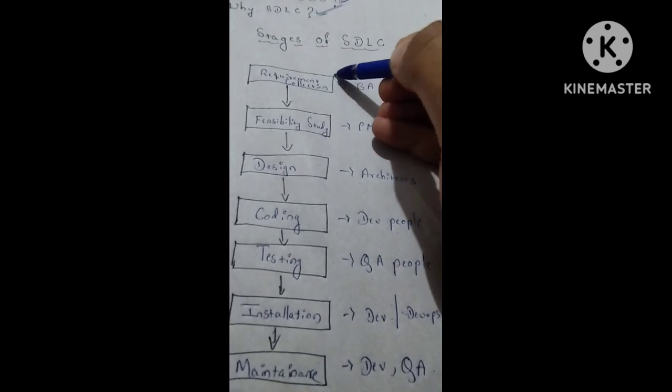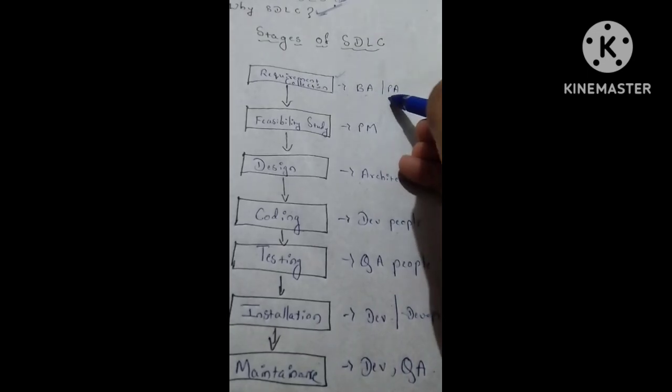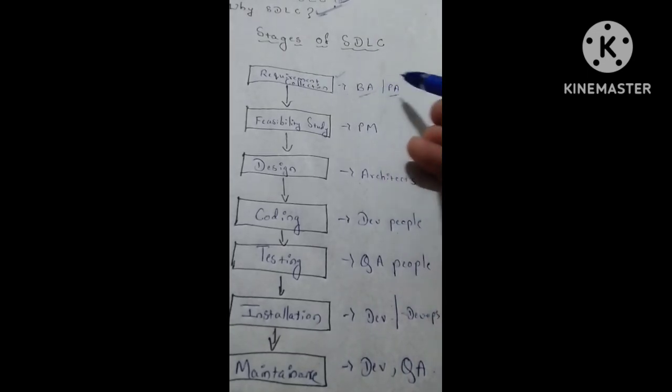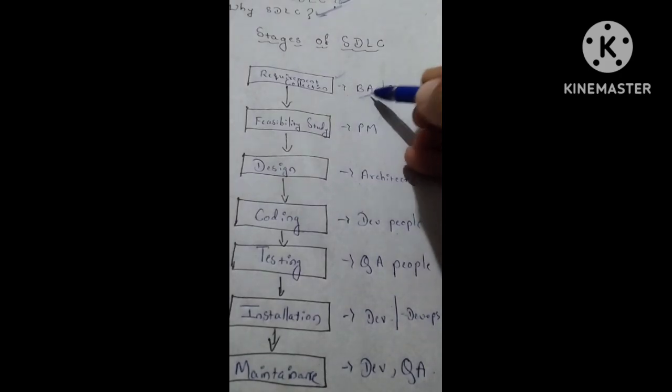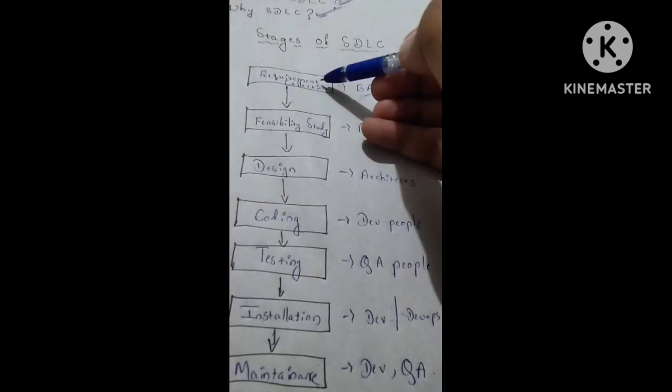That comes under requirement collection. Who will do this? A business analyst or product analyst. They sit with the clients and are experts in that particular domain, suppose banking or fintech, any domain you take. They sit with the client and gather the requirements. That is the requirement collection.